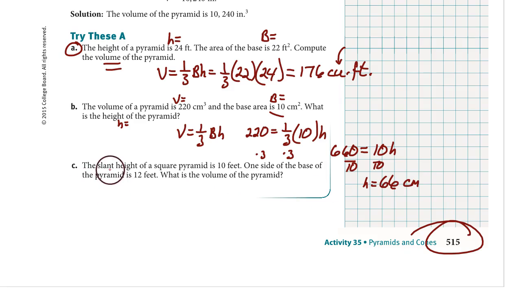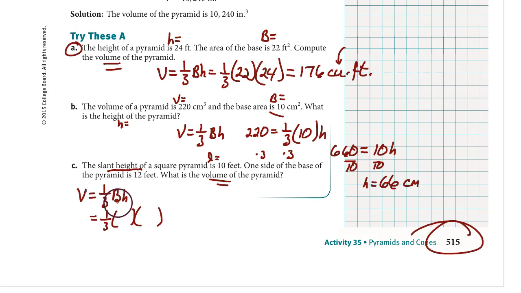Now question C, the slant height is 10. That means that the lowercase l is 10. One side of the base is 12. What is the volume? So we want to find volume. We need the formula V equals 1/3 times area of the base times the height. Now let's substitute any numbers that we know into this formula.